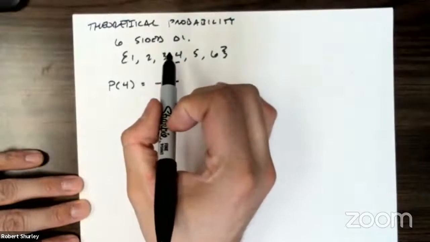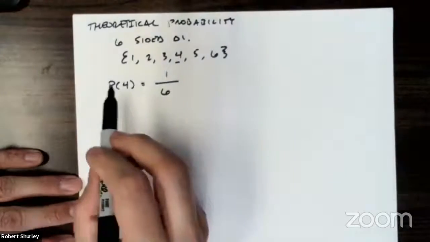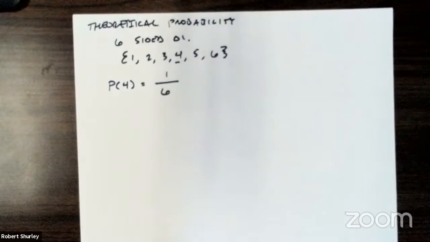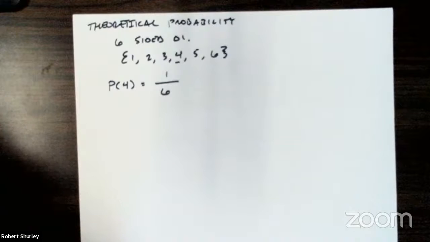And we've got 6 outcomes. So therefore, the probability of rolling a 4 is 1 over 6. I'm going to leave this as a fraction because your book is okay with that. So the probability of rolling a 4 is just 1 out of 6.